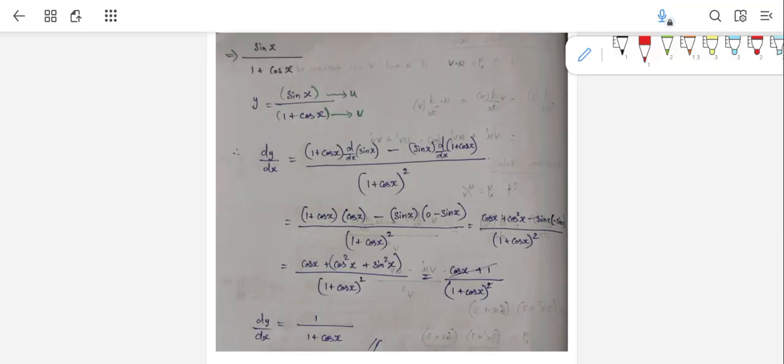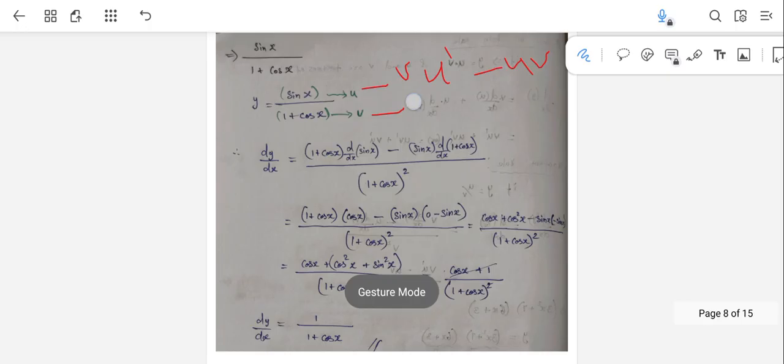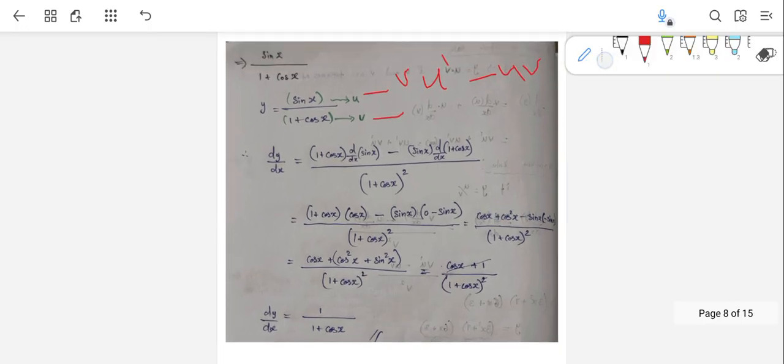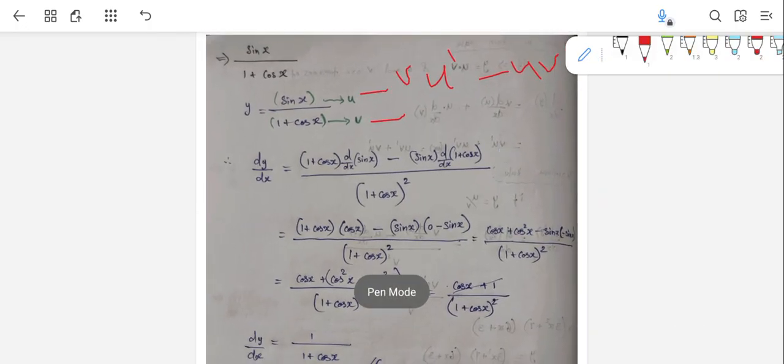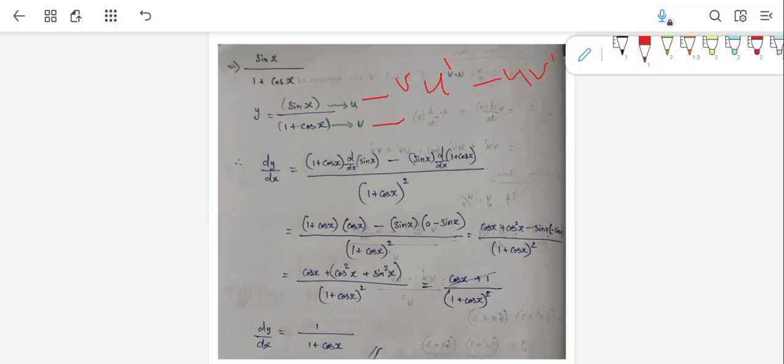So first of all you take sin x as u, and 1 plus cos x you treat as a whole single term as v. Okay, so follow the formula. What's the formula? v u dash minus u v dash, divided by v square, right?